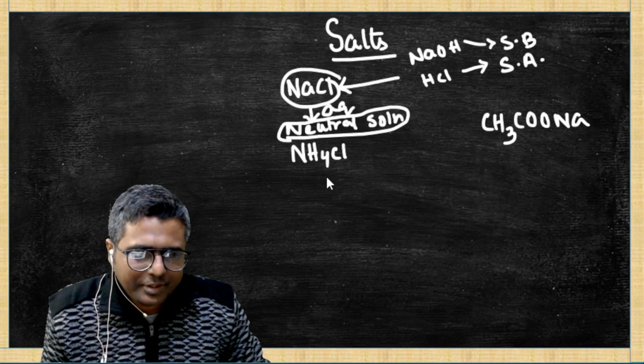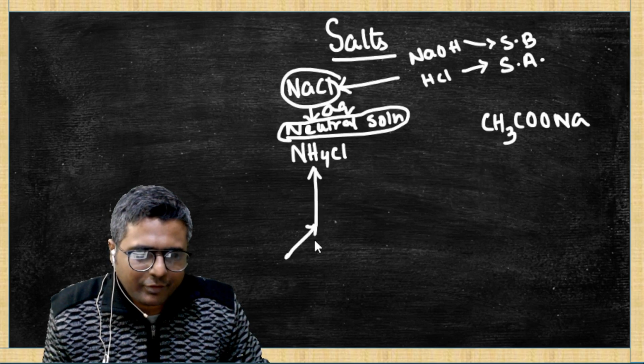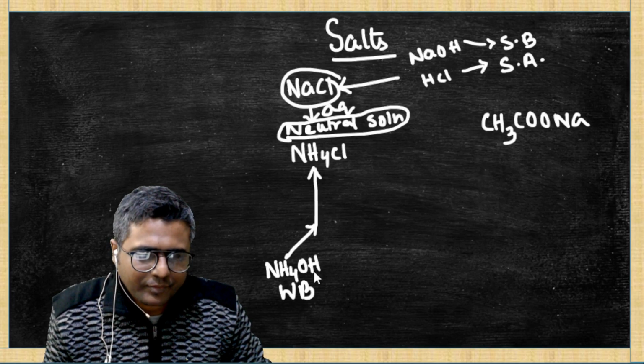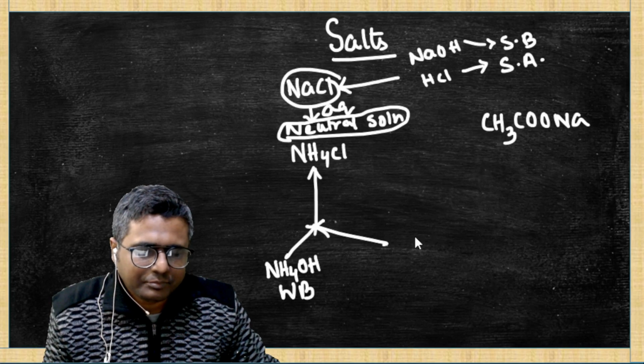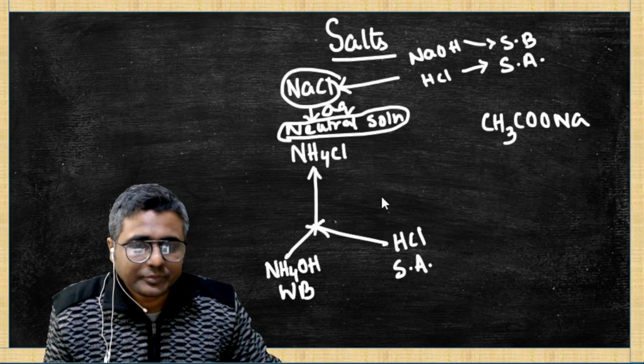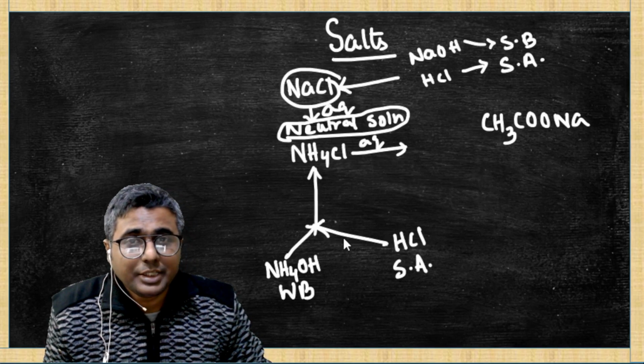However, NH4Cl comes from NH4OH, which is a weak base, and from HCl, which is a strong acid. So if you put this in aqueous solution, it is going to be acidic.